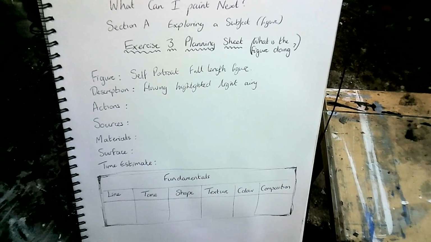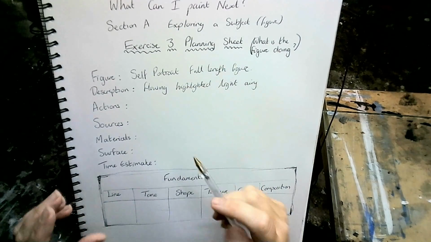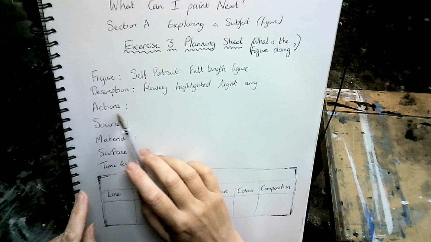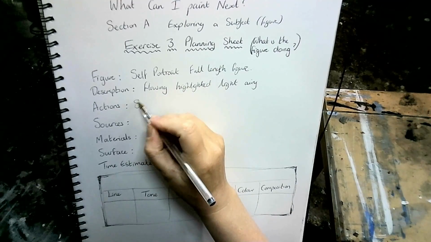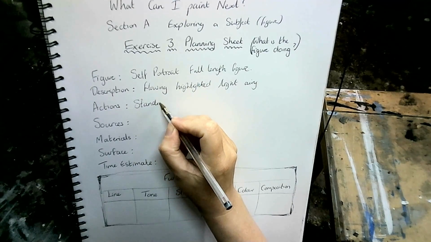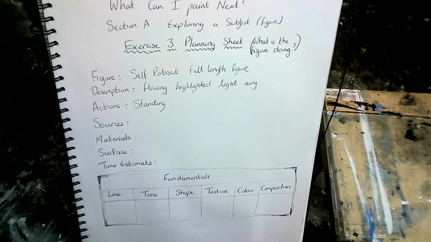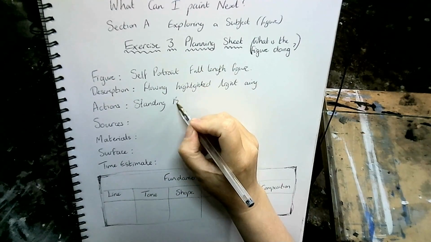So, actions. This is the new section. This is the section where we're looking at the verbs, the doing words as such. So what am I actually doing in this? Well, I'm standing. Let's make that more precise. I'm balancing.